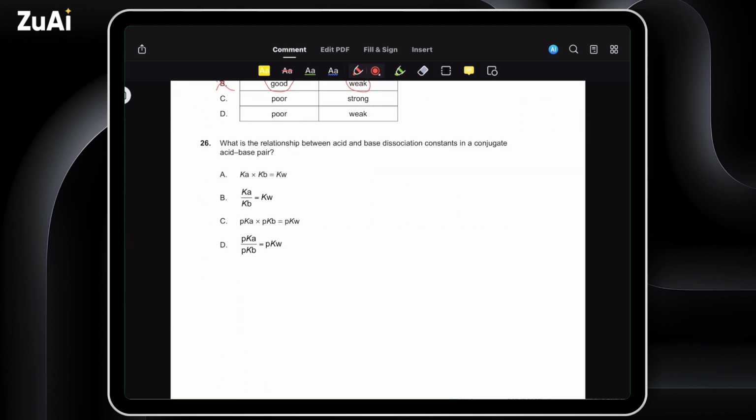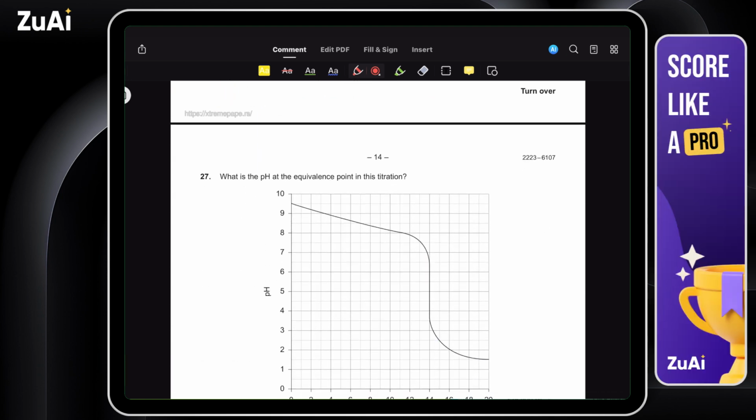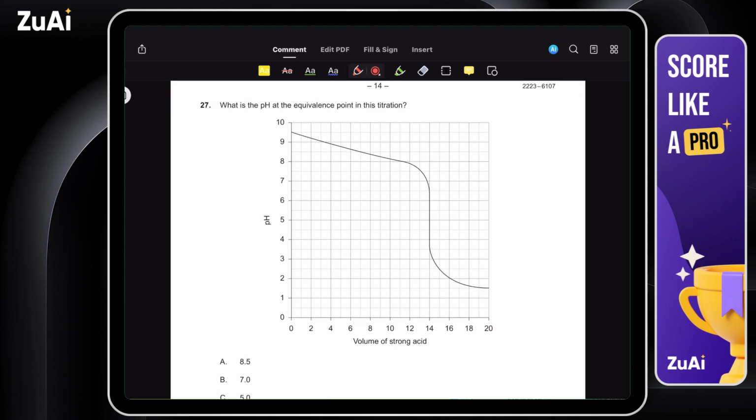So B is the answer. What's the relationship between acid-base dissociation constant and conjugate acid-base pair? So Kw is equal to Ka times Kb. What is the pH at the equivalence point of titration? So equivalence point is half of the pH, so 5.